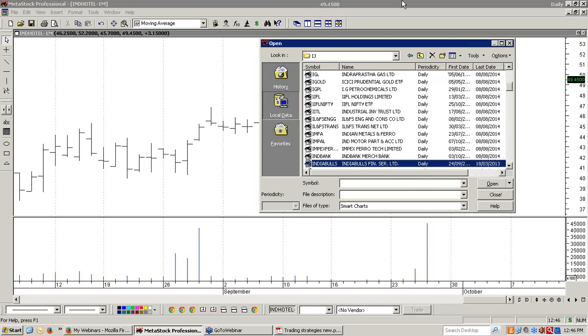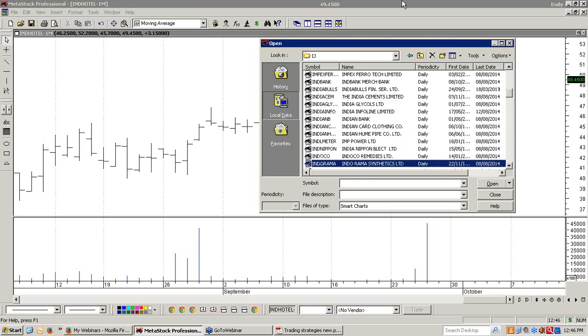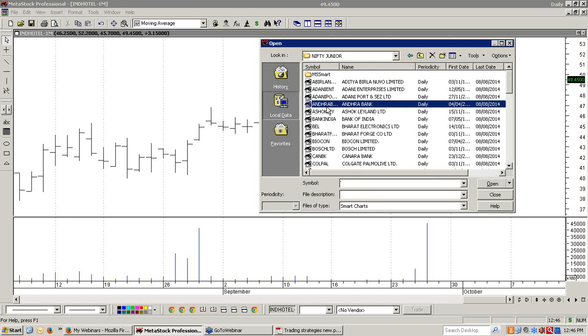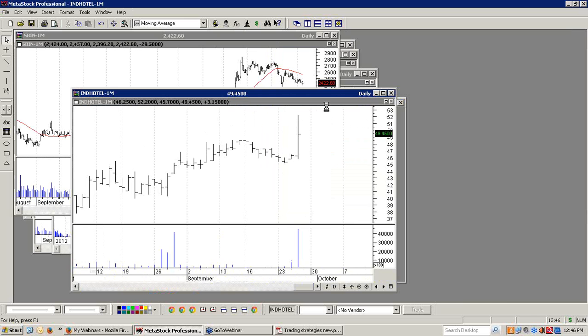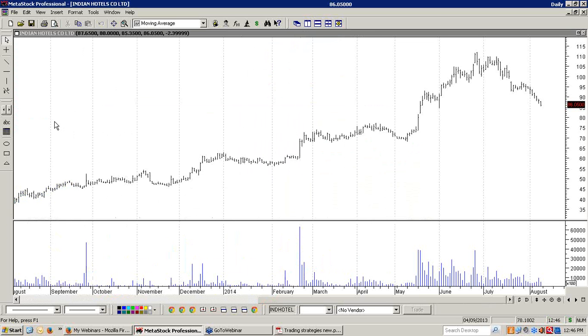Another question is for Indian Hotels. Okay, now again this chart is showing a highly bearish pattern on the daily charts. You should avoid buying this particular share.